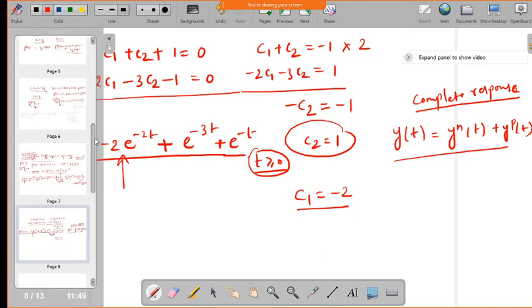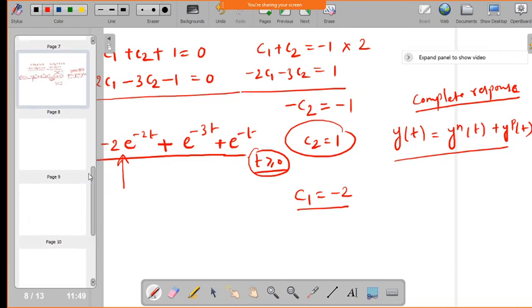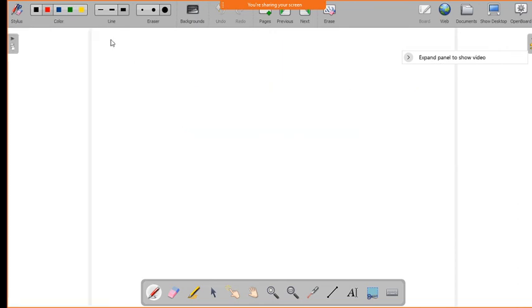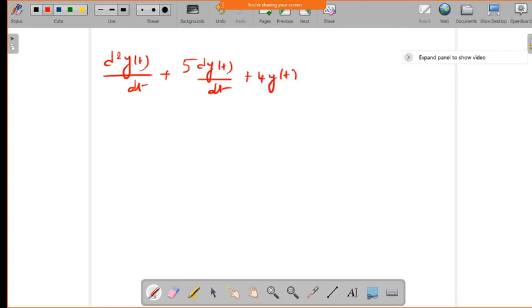Okay. So, take the equation and solve for the complete solution, complete response of the system, that is d square y of t divided by dt square plus 5 dy of t divided by dt plus 4 into y of t, which is equal to dx of t by dt.